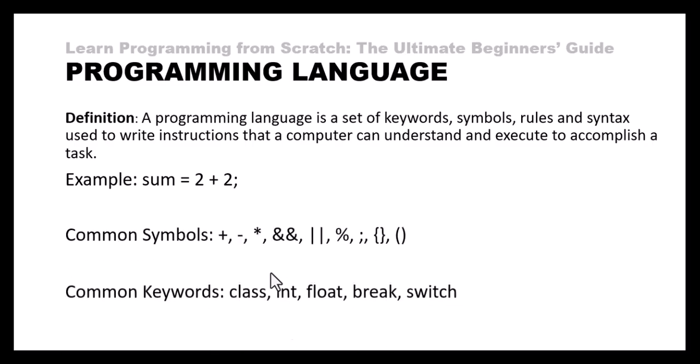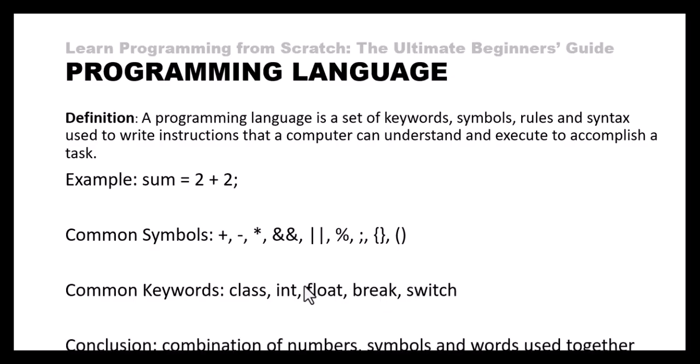From those common symbols, you're going to have common keywords. Some of the common keywords you'll find in programming languages are the word class, the word int, the word float, the word break, the word switch. In conclusion, a programming language is simply a combination of numbers, symbols, and words that are used together to give instructions to a computer.